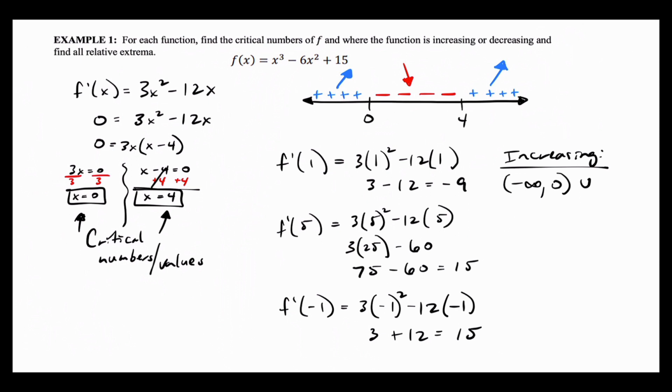Or it picks back up at 4 and continues on forever, right? Decreasing. Or increasing, sorry. Now decreasing. The only place it was decreasing is from 0 to 4, in between 0 and 4. So from 0 to 4.